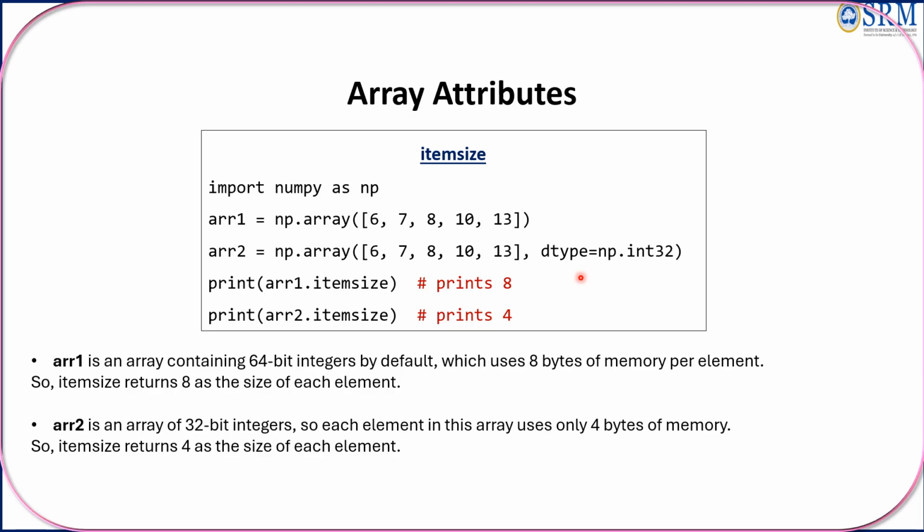If we change the data type to np.int32, then the item size becomes 4. So this is a simple example. Size tells you the number of elements, whereas item size tells you the memory of each element.